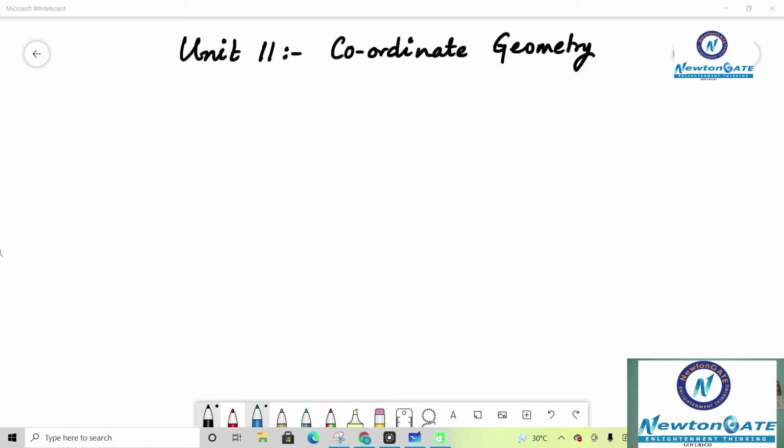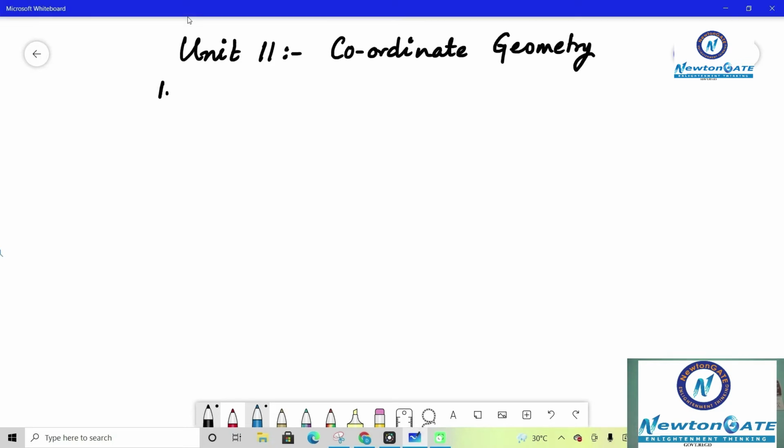Today's topic is going to be coordinate geometry. As you can see, I have already mentioned over here, in your JEE Mains and Advanced, it is unit 11, coordinate geometry. Under this coordinate geometry, we have straight lines, circles, and last but not the least, the conic sections.